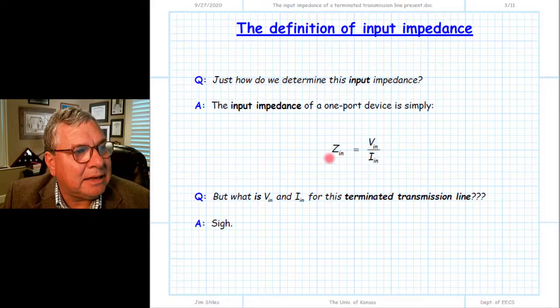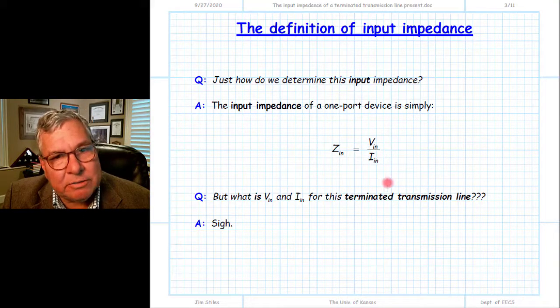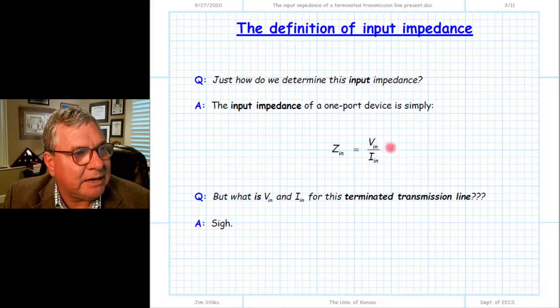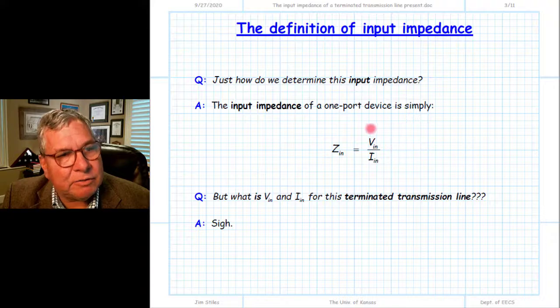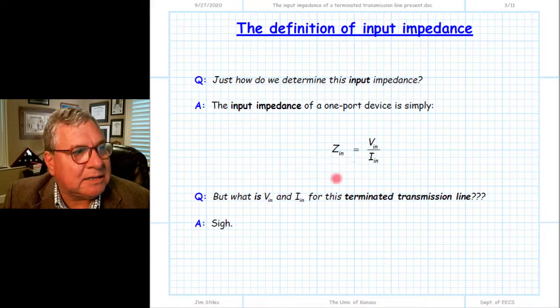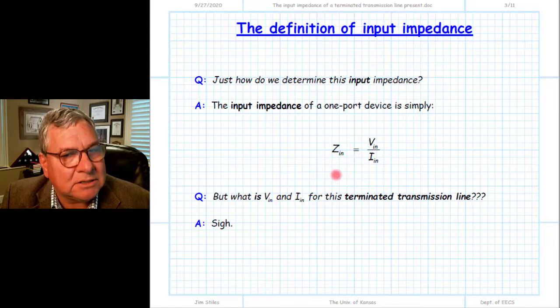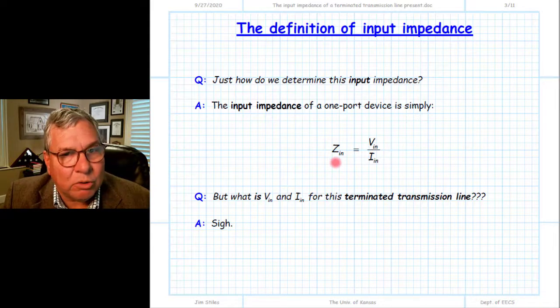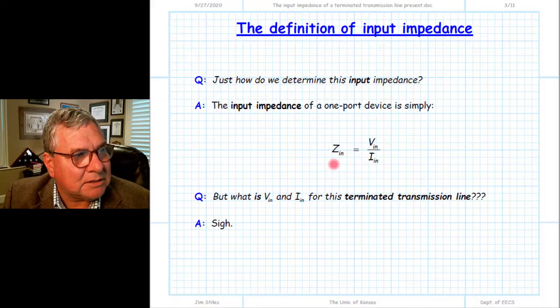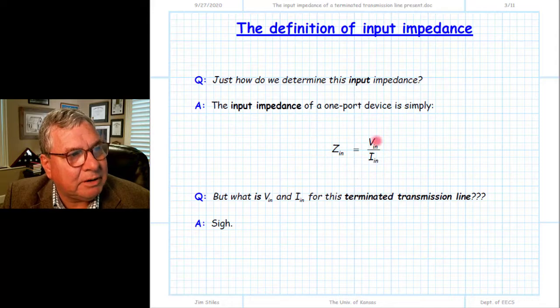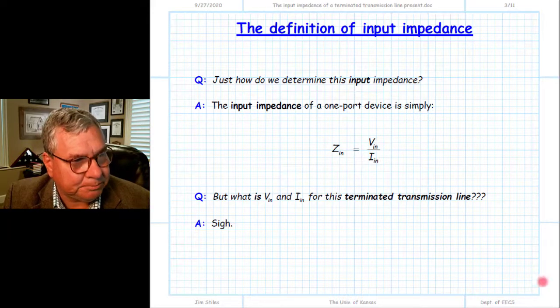It means that the input impedance constrains the ratio, or the relationship, between Vin and Iin. Vin and Iin can be any complex values, but their ratio must always be equal to this value Zin, and Zin is dependent only on the physical characteristics of the one-port device. More importantly, all of the physical characteristics of that one-port device. So how would we determine Zin? Let's see if we can determine Vin and Iin.